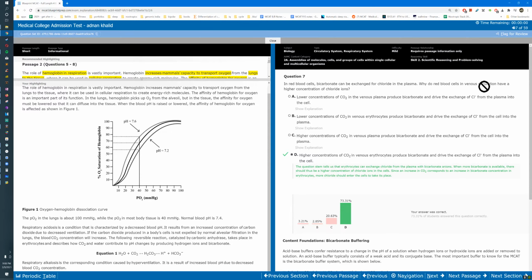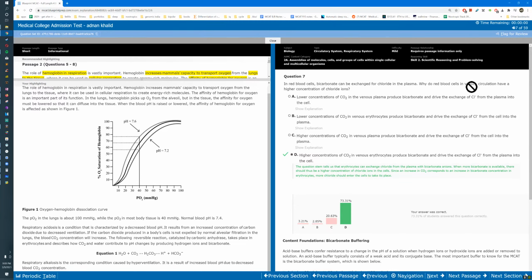Okay, so blood cells in the venous circulation. So if it's in the vein, it's gonna have a lot more CO2, right? And CO2 basically enters the red blood cell to where it becomes carbonic acid, and then it can leave as bicarbonate, and then chloride goes into it.